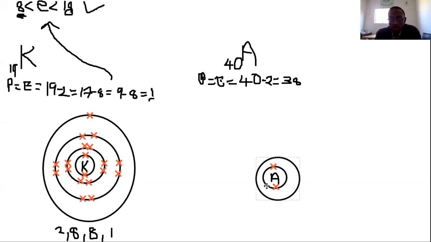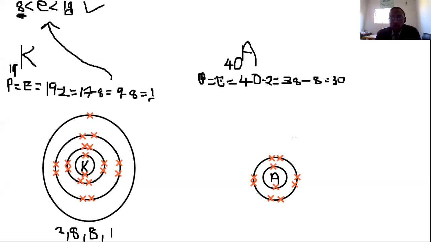In the second shell, we know that the maximum we can put is 8. So we're going to put 8 electrons in the second shell. 1, 2, 3, 4, 5, 6, 7, 8. Subtracting 8 from 38, we remain with 30, and we are going to the third shell.